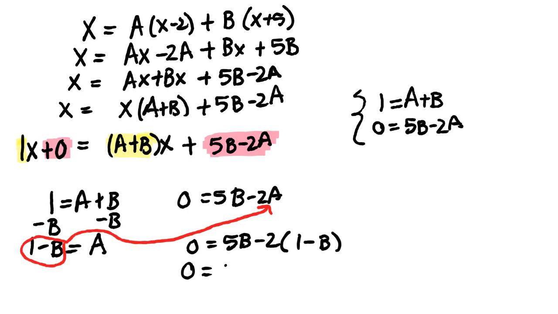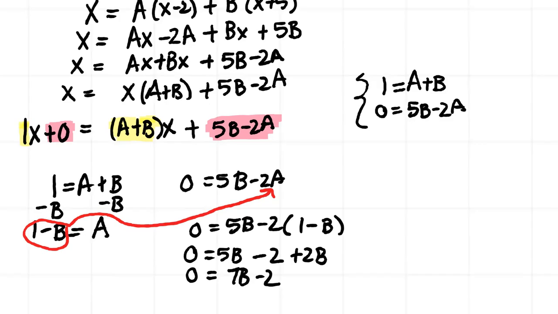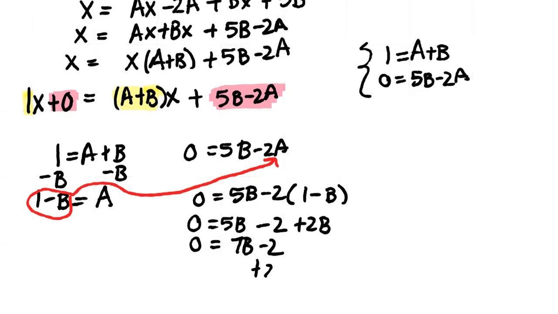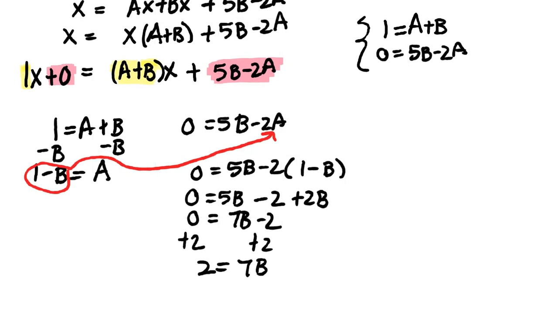This is 0 equals 5B minus 2 plus 2B. Combining like terms gives 0 equals 7B minus 2. I add 2 to both sides, giving 7B equals 2, and divide by 7 on both sides, so B equals 2/7.